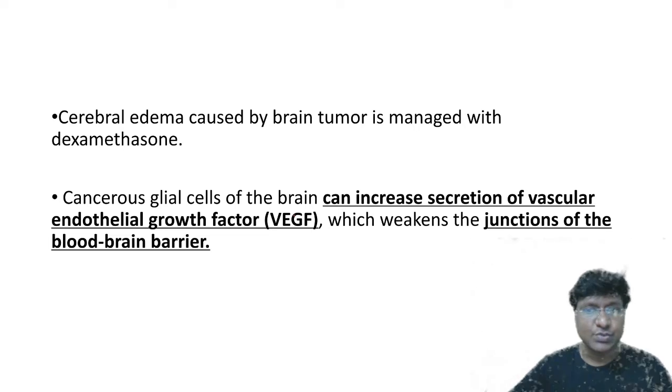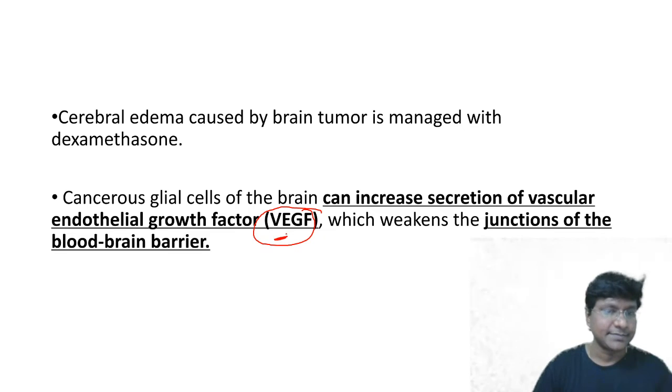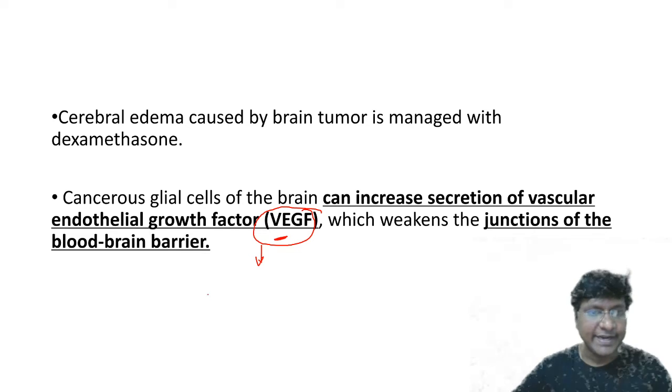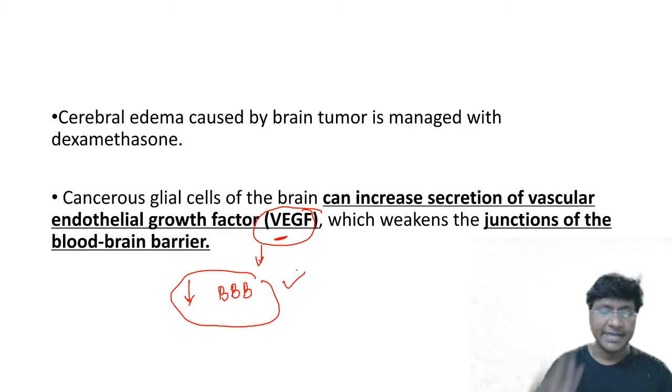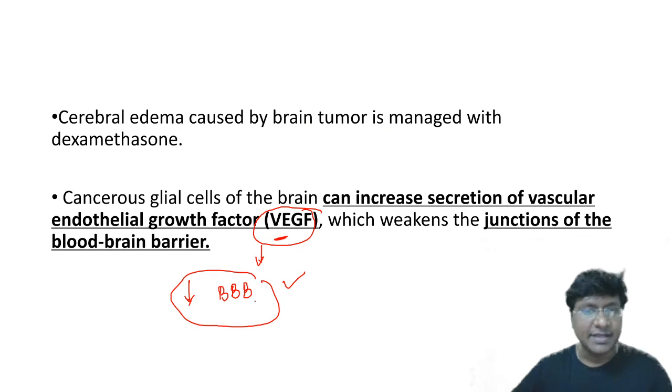Glial cells will increase the secretion of vascular endothelial growth factor. This vascular endothelial growth factor will weaken the blood-brain barrier, and because of the weakening of the blood-brain barrier, there will be formation of edema.